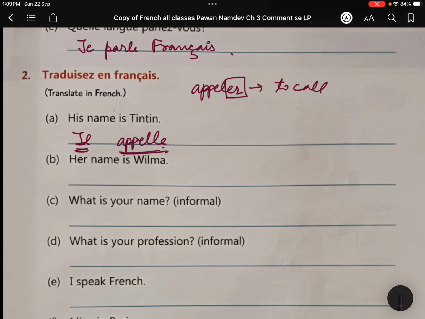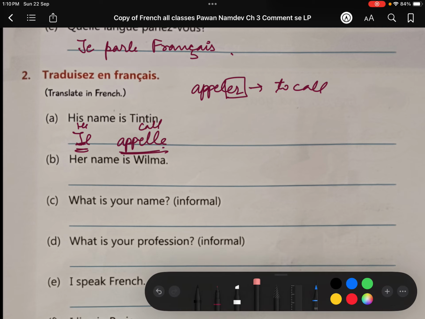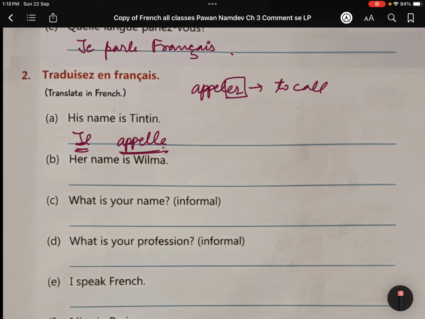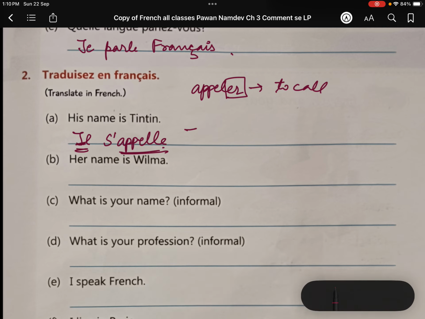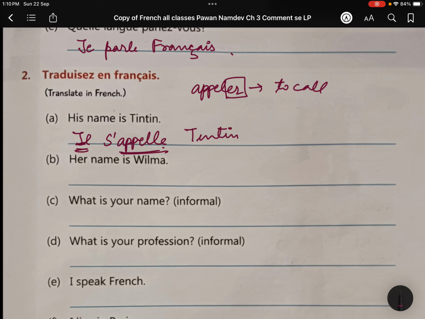Il appelle. He calls. Now he calls himself. S' means himself. We have to write s'. He calls himself Tata. This is the name.